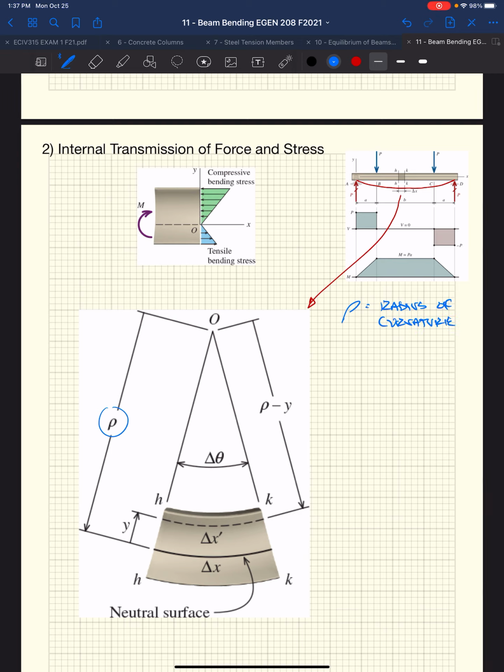Well, we also need deformation. The deformation is the change in length of this line, for instance. We're going to look at this delta x prime. Our change in length is how much we deviated from the original.